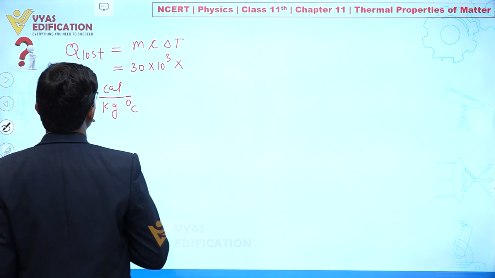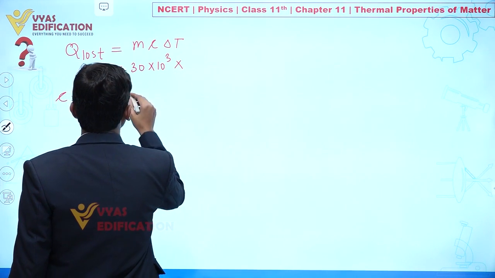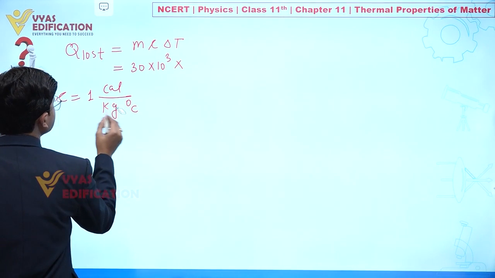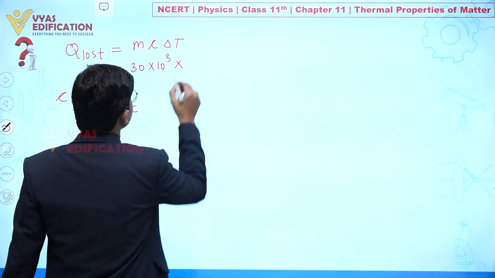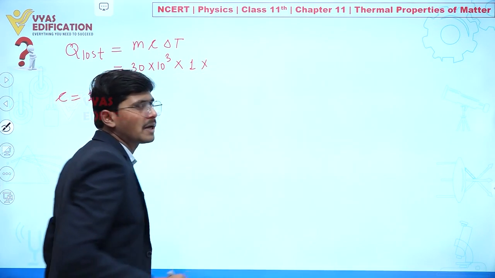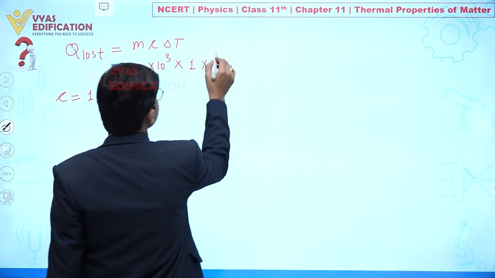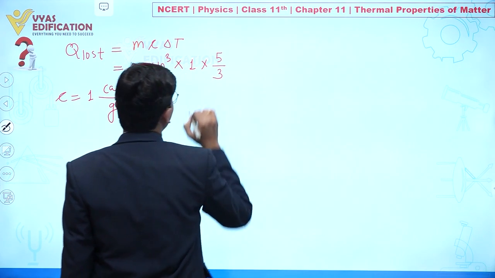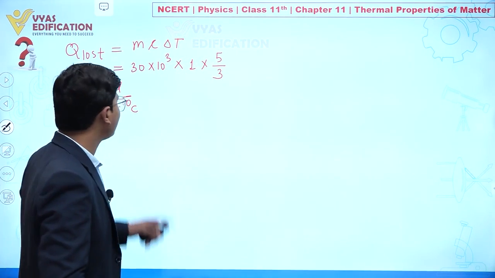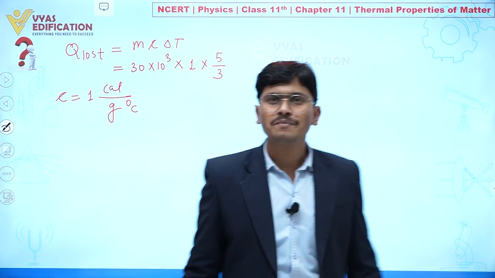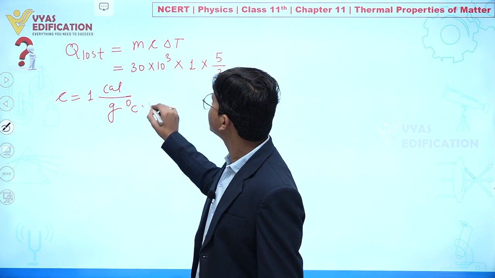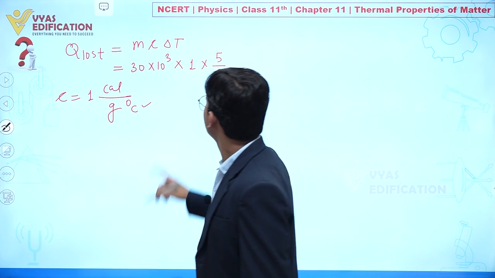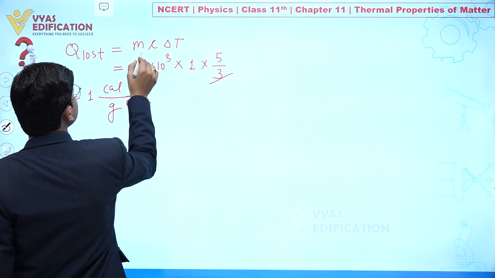Because this is calorie, we write gram: 1 calorie per gram per degree Celsius. So this value is 1. And the temperature difference in degrees Celsius is 5 by 3. Now you can understand why we converted the temperature from degrees Fahrenheit to degrees Celsius, because here we need this value in degrees Celsius. Now this one and this one cancel out.